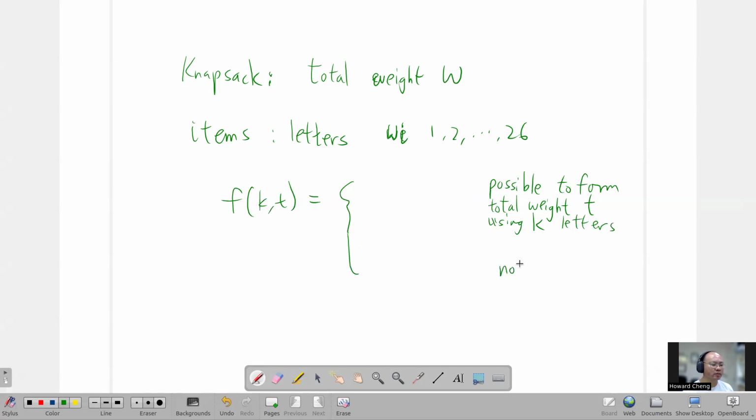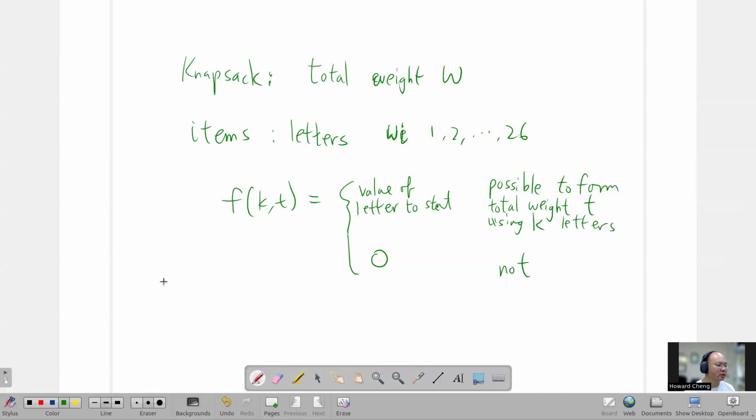And if not, I'm going to use 0. Now, if it's possible, I can say 1, but I'm actually going to say the value of the letter to start this string. Okay, so the value is either 1 to 26.